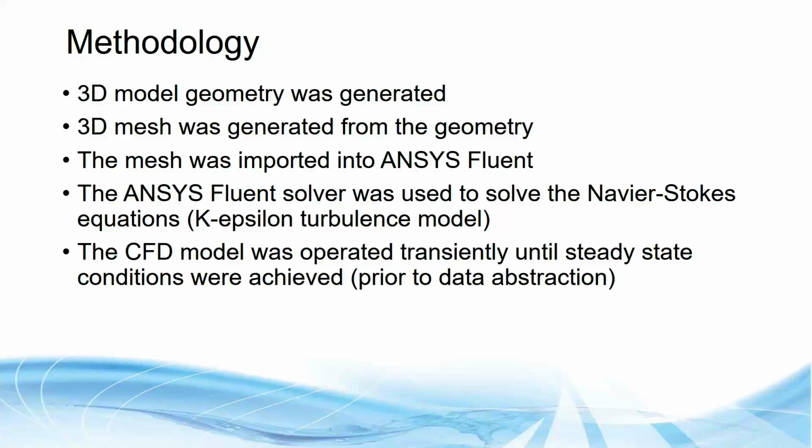The flow is of course turbulent, so a K-epsilon turbulence model is included, and this model was then operated transiently, which means it's constantly changing until a fully steady state was reached, and from those steady state results the data was extracted and used.